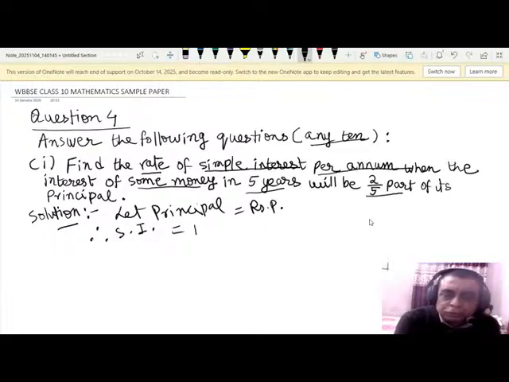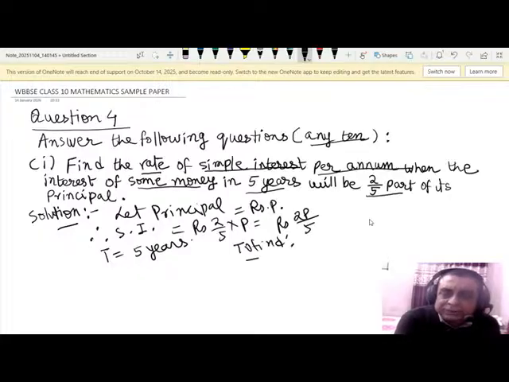It is 2 upon 5 of the principal amount, which will be rupees 2P upon 5. The time is given here. Time I am denoting by T. It is 5 years. So we are asked to find the rate of interest per annum. Correct?